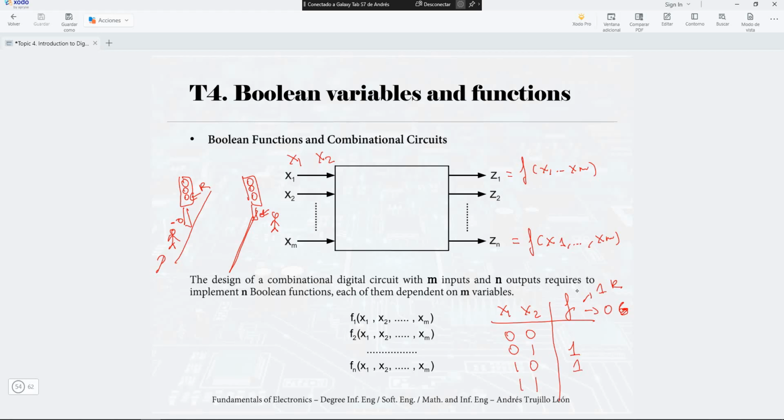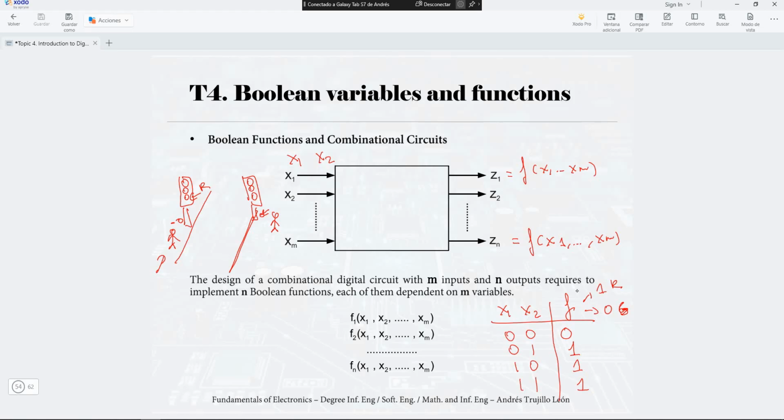And if both of them press the button, they are going to activate the red light. I'm modeling the pedestrian pressing the button with a 1 and not pressing the button with a 0. If both of them are not pressing the button, the red light is not going to be activated. It's a quick example. I just want you to see that Boolean functions are related to real life.